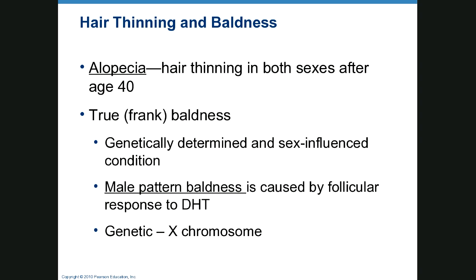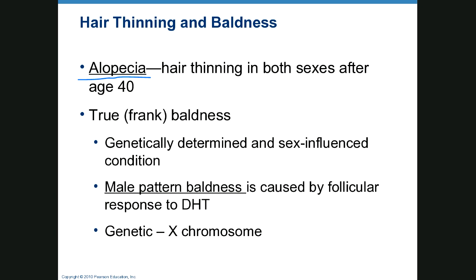It could be caused by thyroid issues. It could be caused by an infectious disease. Perhaps you caught mange. Perhaps you have fleas. I don't know what you got growing on your head. I hope you have none. But alopecia is from whatever. Maybe you're nervous from taking anatomy and you pull it out.